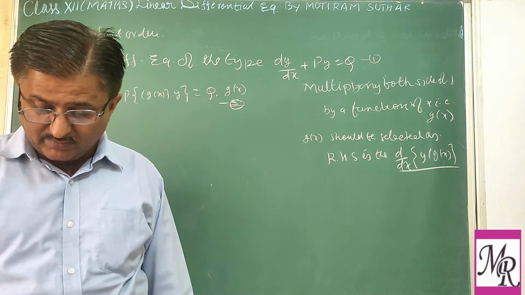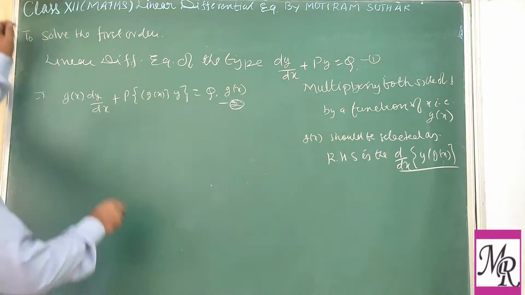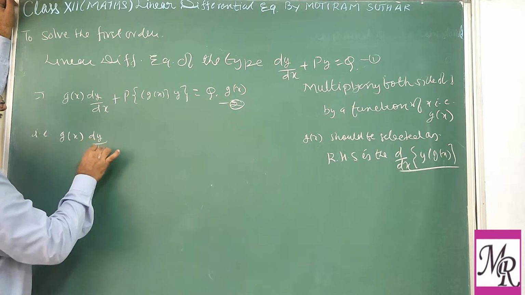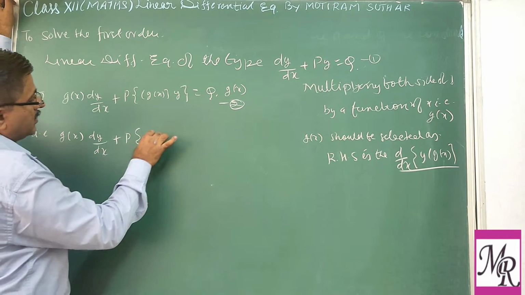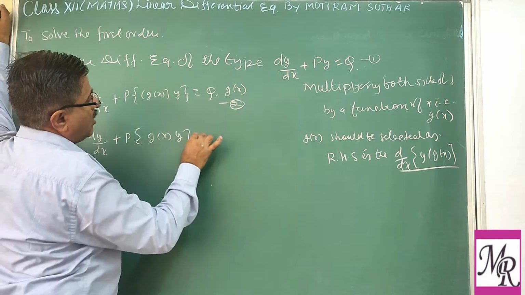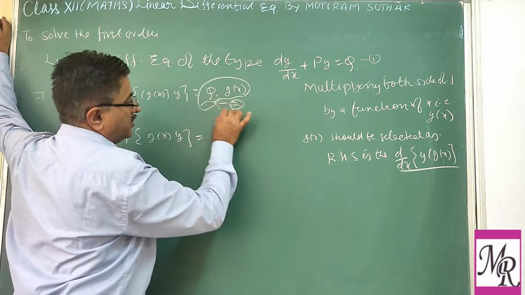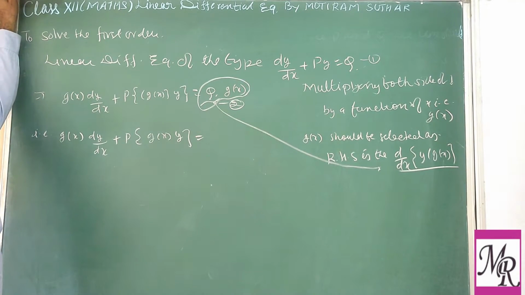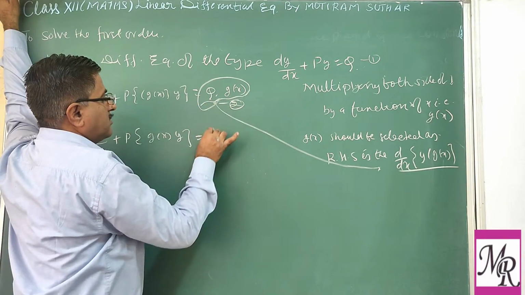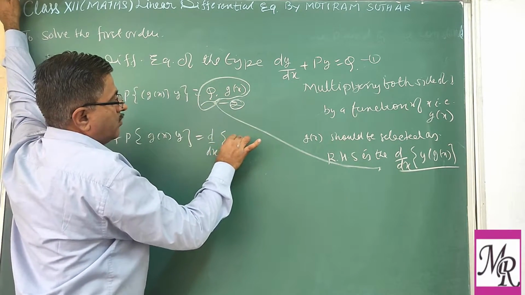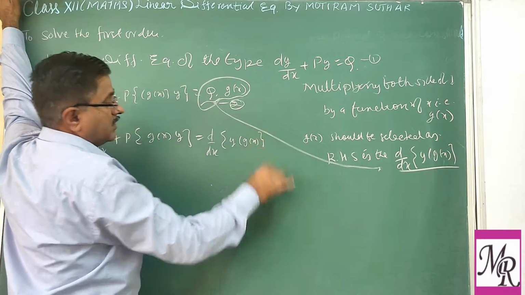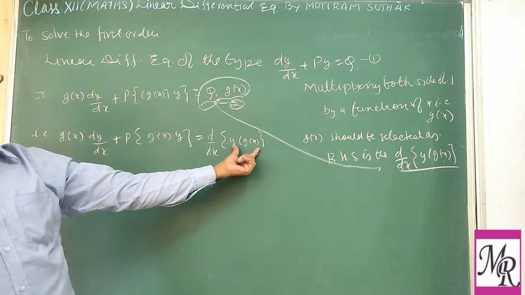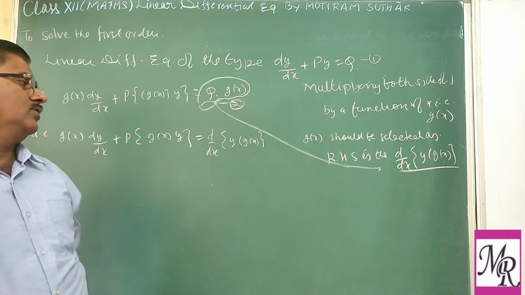So now you can say we are taking g(x) dy by dx plus p g(x) into y. Now we are saying that this should be the derivative of what? Of y into g(x). So this can be replaced by d by dx of y into g(x).